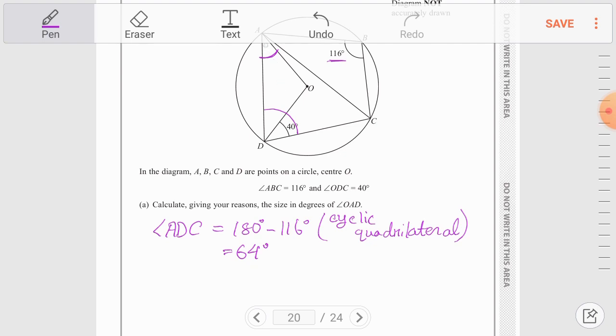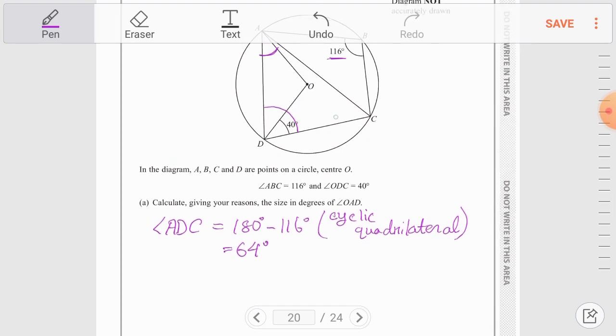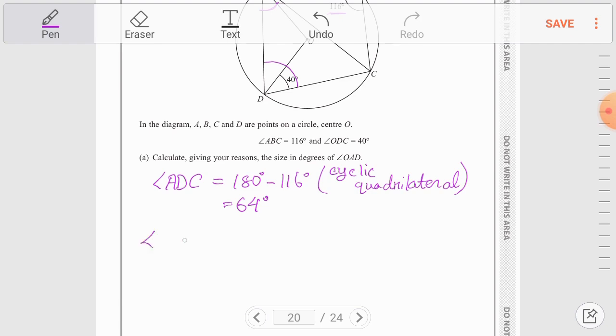We can now find the angle of ADO or ODA using these two angles. So we are now finding the value of angle ODA by subtracting angle ODC from ADC, and that would be 64 minus 40, and you get a value of 24 degrees.